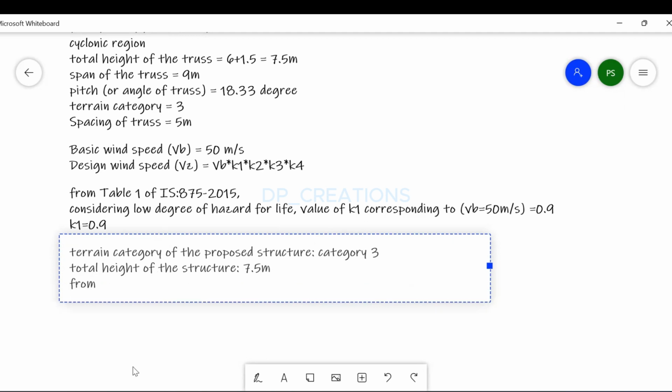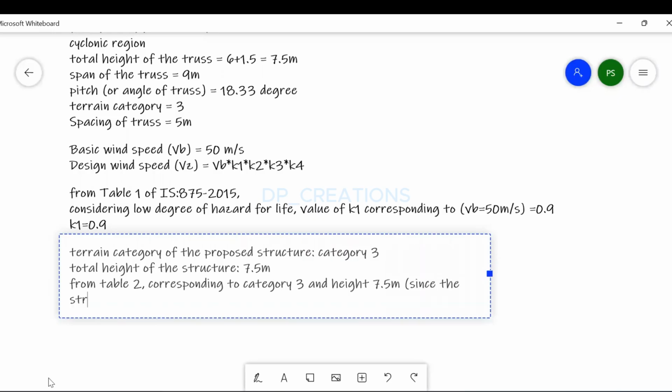Okay, so from Table number 2, corresponding to category 3, since the structure height is less than 10 meter, consider the value for 10 meter in Table 2.